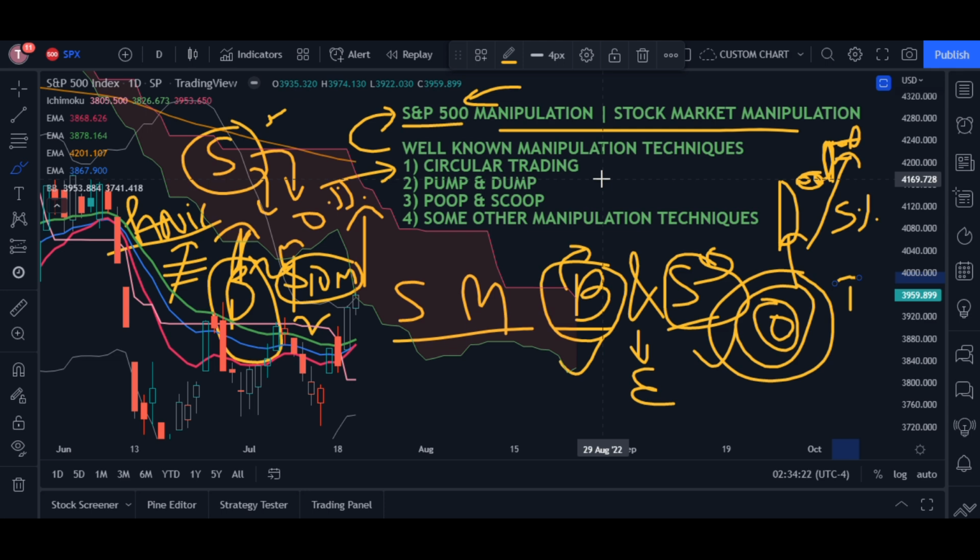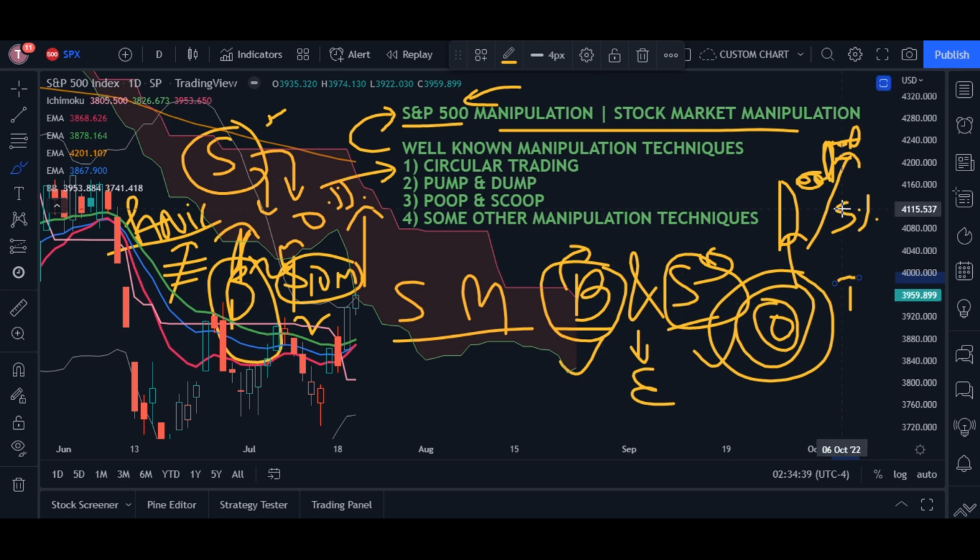There is an internal calculation of the price. The exchange is the machine, and the machine will calculate the price and accordingly move up the index.